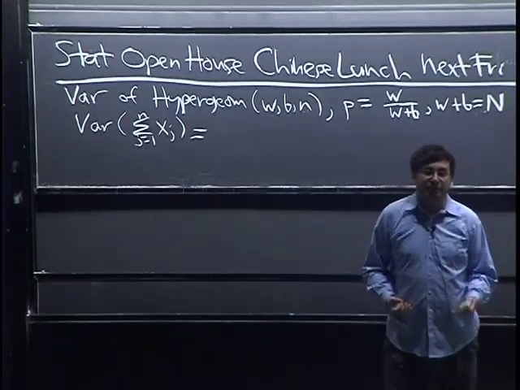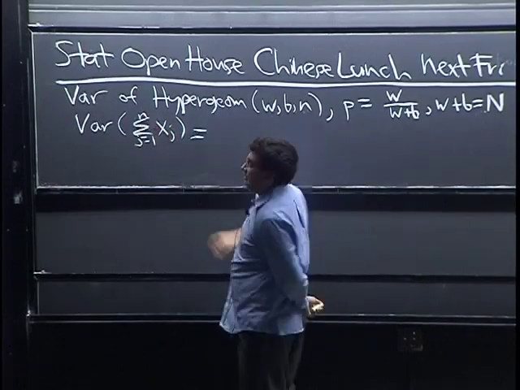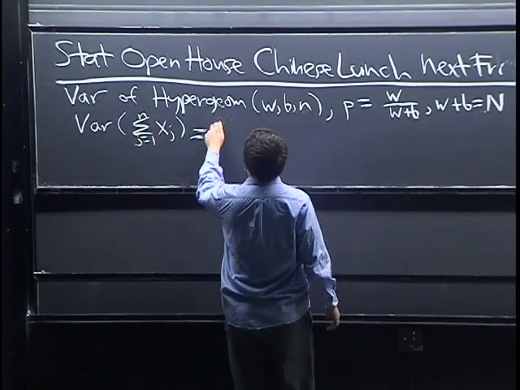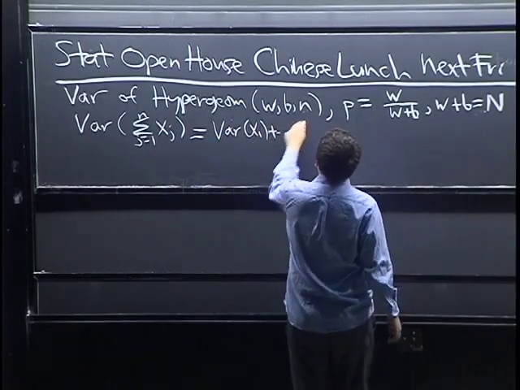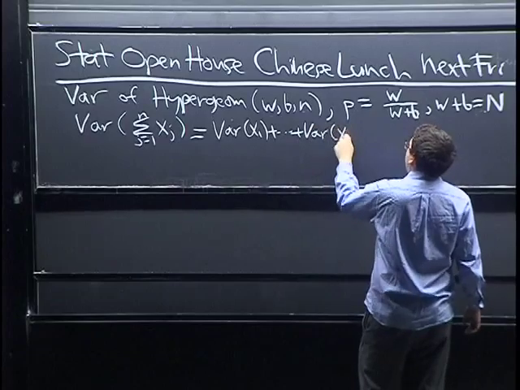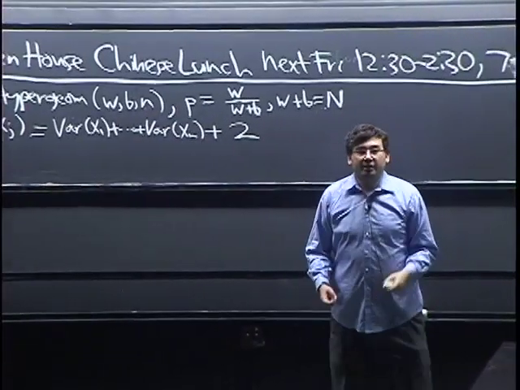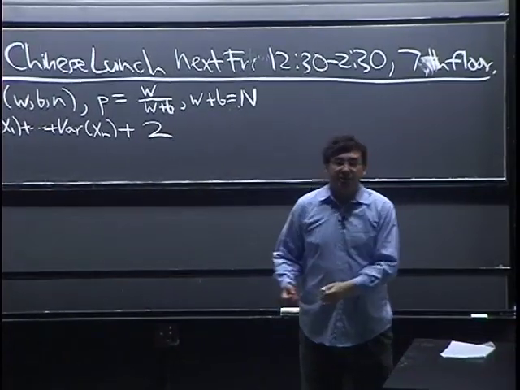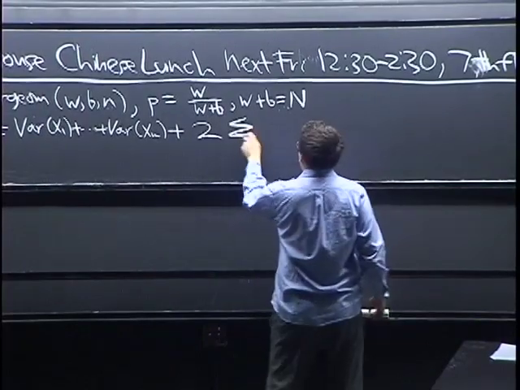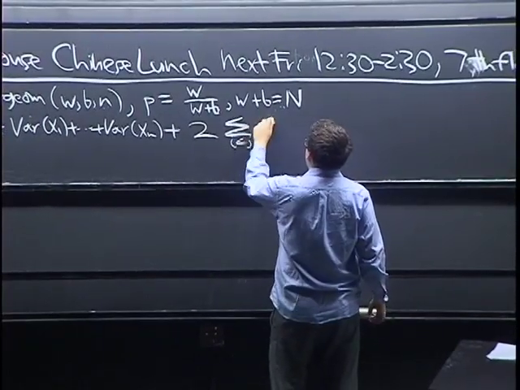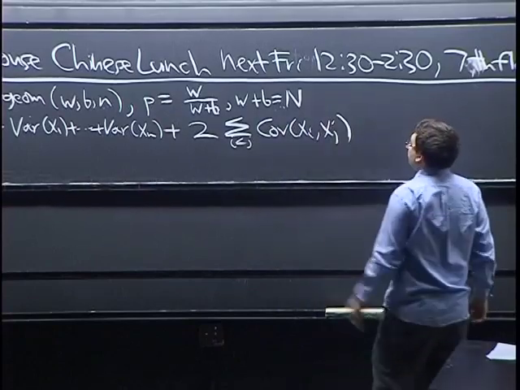If they're independent, you don't have to worry about the covariances, but in this case they're not independent, so we need the covariance terms. So really this is just the variance of X1 plus blah, blah, blah, plus the variance of Xn, and then all the covariances. And I'll put a 2 because I'm grouping the covariance of X1 and X2 with the covariance of X2 and X1. So 2 times the sum over all i less than j of the covariance of Xi, Xj.